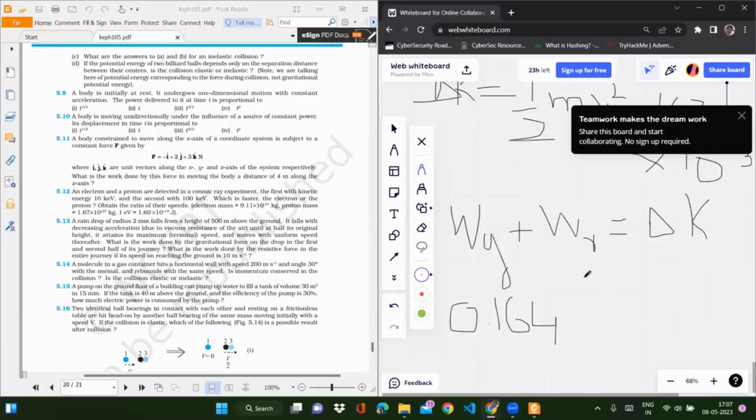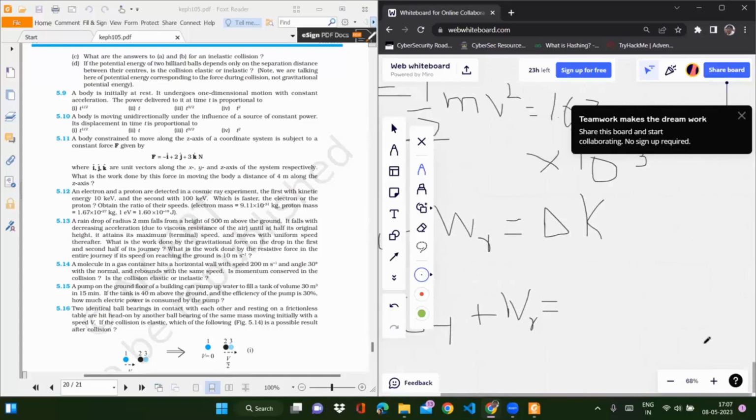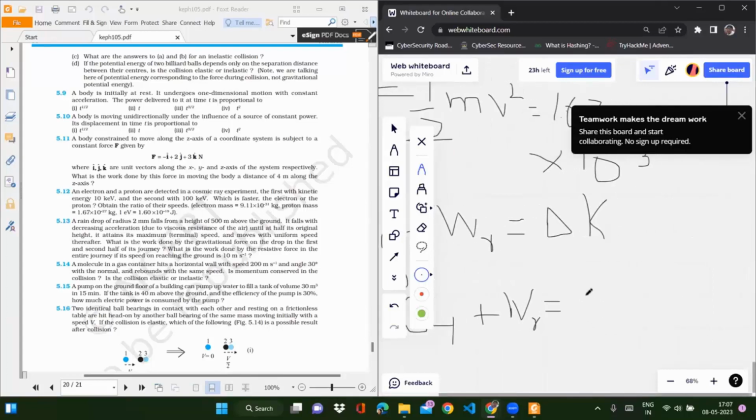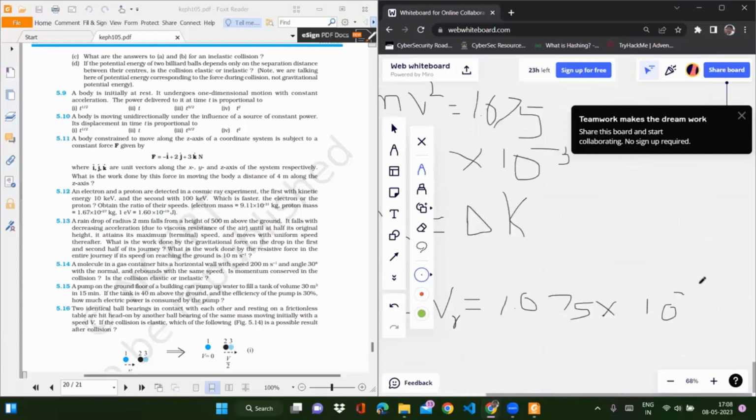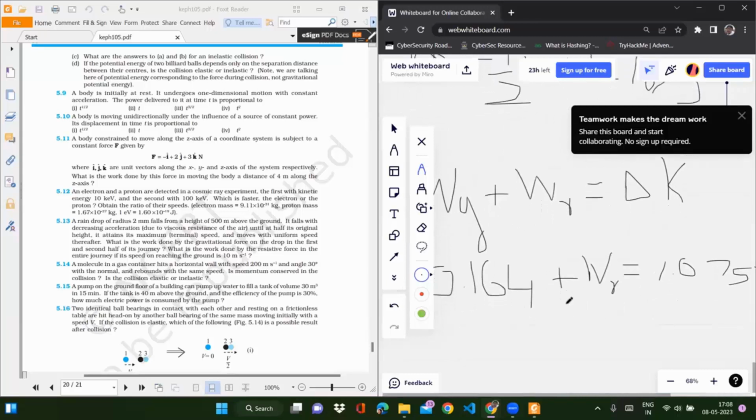And the work done by the resistive force, which we calculate as W_R, equals 1.675 into 10 to the power minus 3 minus 0.164. So calculating this, you will get W_R. It's nearly the same.